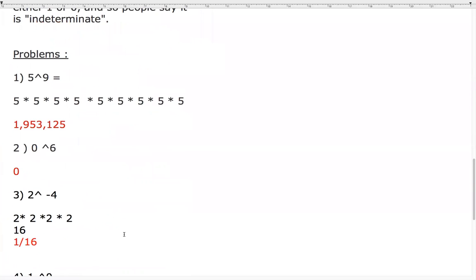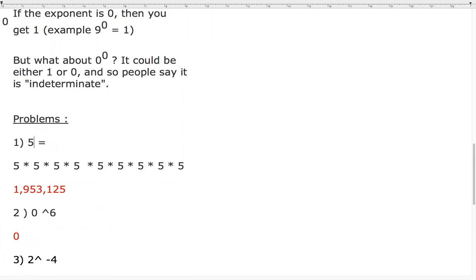I'm going to solve 5 to the power of 9. So what is it? 5 into 5.